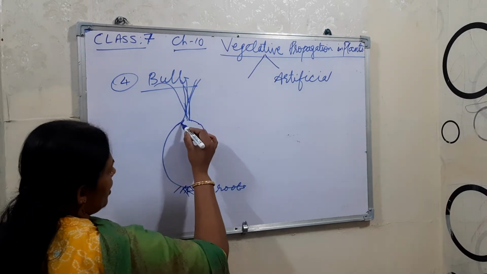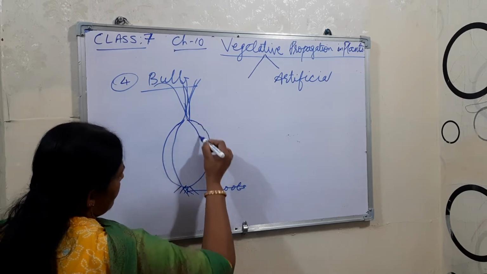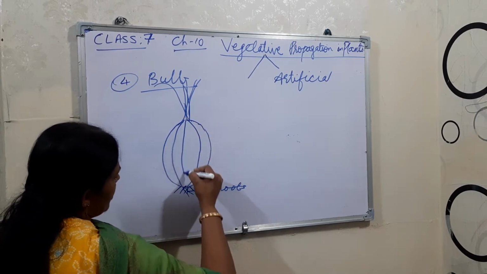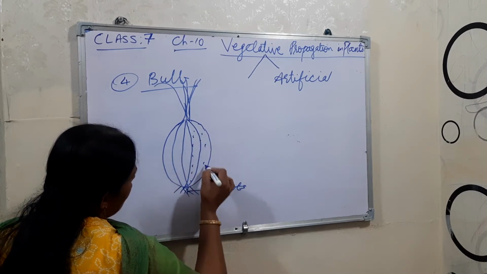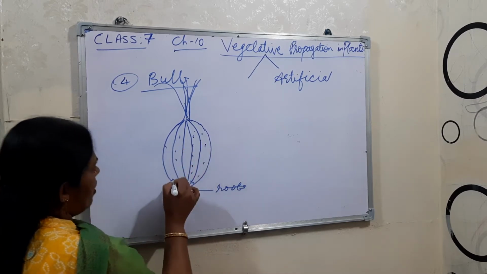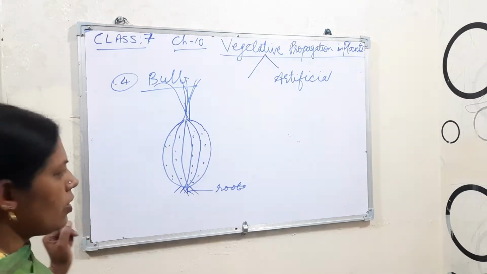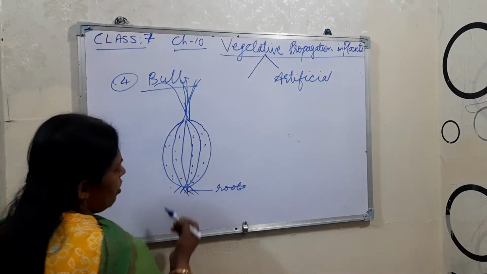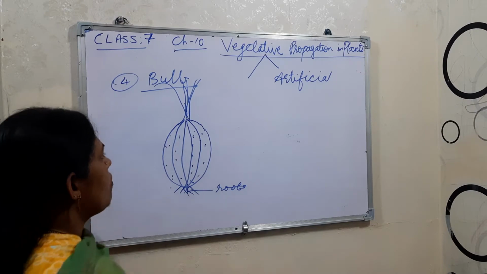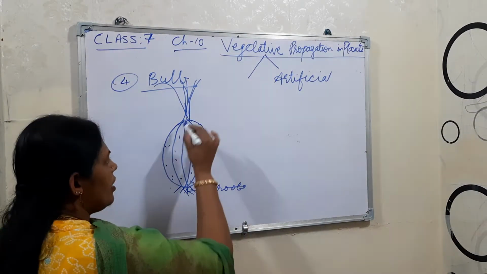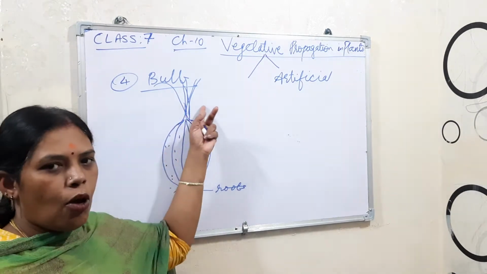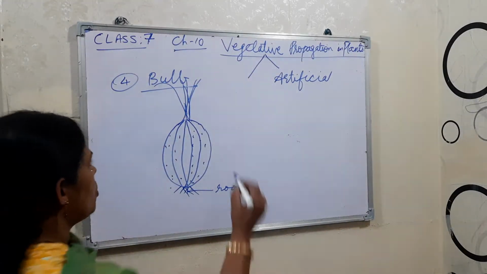Okay, this you can see in onion, or you can see in garlic. Okay, there this kind of propagation occurs. From this portion only the root arises, and from this portion the new plant comes out. Okay, again each top portion has the shoot.